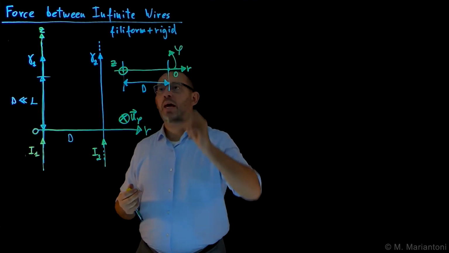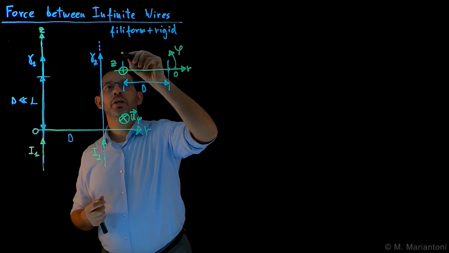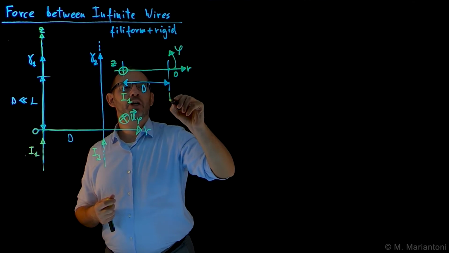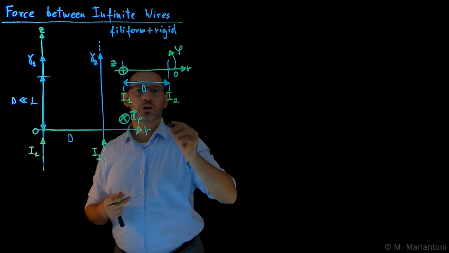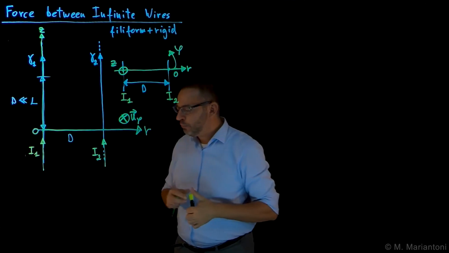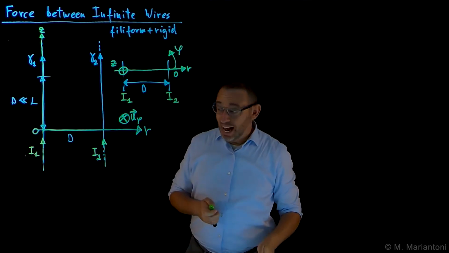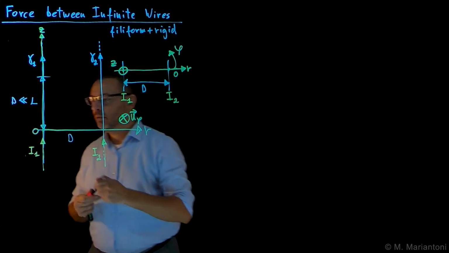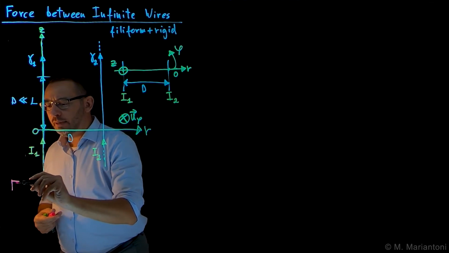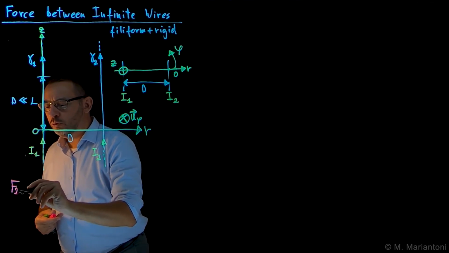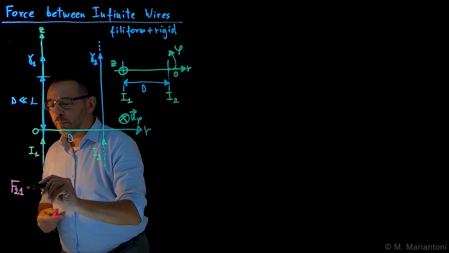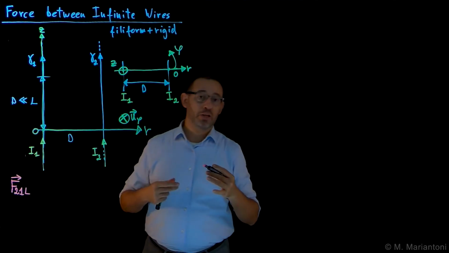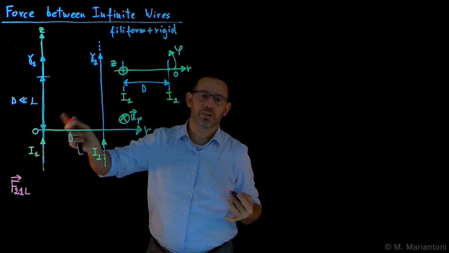And here, again, we have the 2 currents. This is the trace of I1, steady current, and this is the trace of I2, also steady current, okay? So the question we want to ask in this limit here is, what is the force acting on the second wire due to the first wire because of a length capital L on the first wire, which again is much larger than capital D. Of course, it's not to scale here.